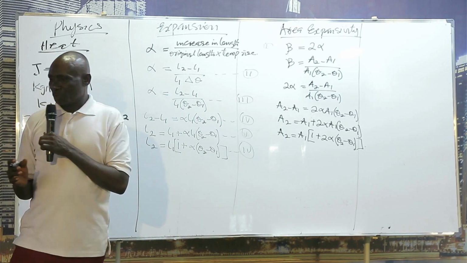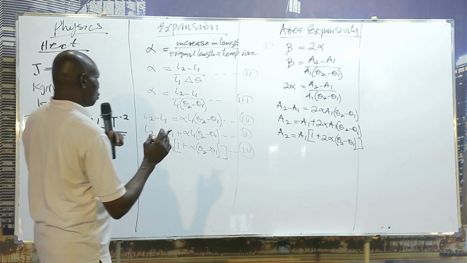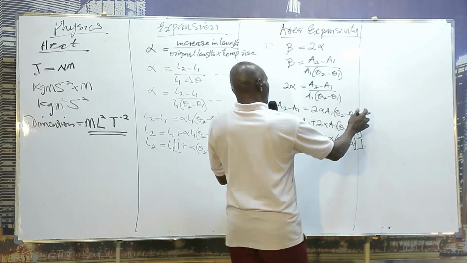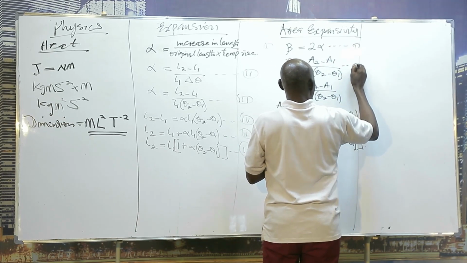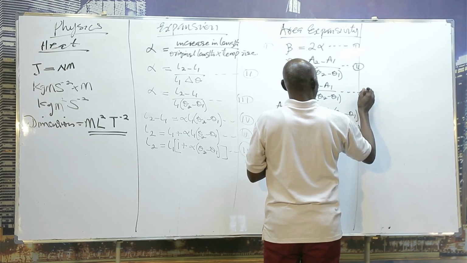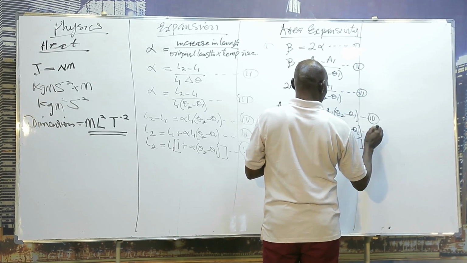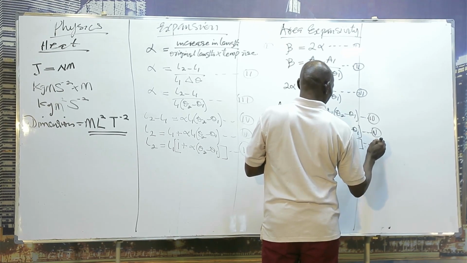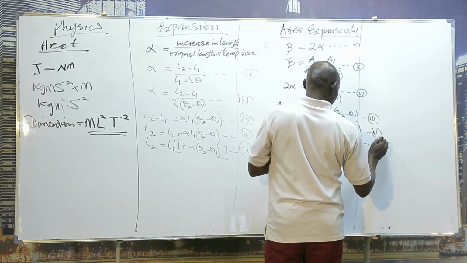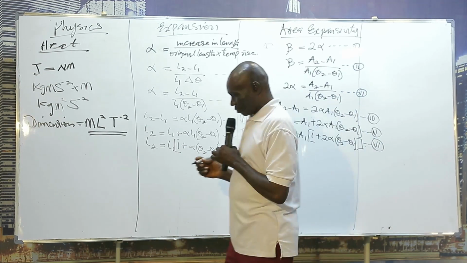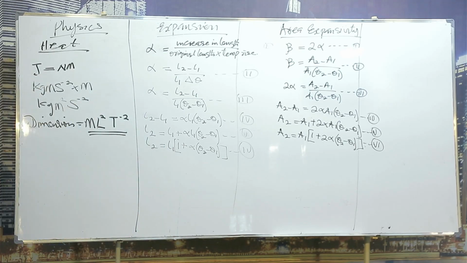But I want you to know that equation 1 and equation 4 are mainly natural equations. These equations are important. They are the ones that form the other ones, so you must know them. So this is area.